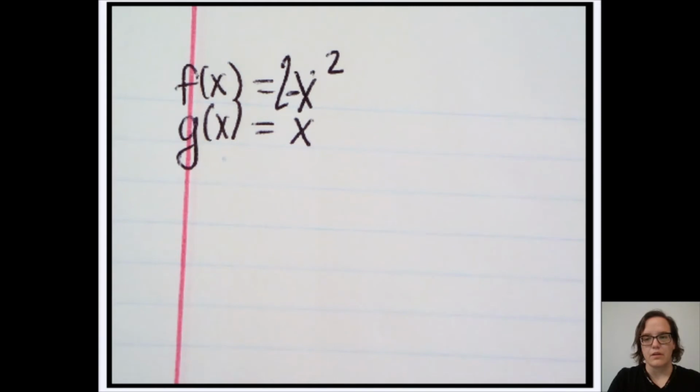So let's see, we have 2 minus x squared, and then we have x. And you'll see that these intersect, and on the left it looks like they intersect at -2, and then they go to +1, and it looks like our quadratic is always on top.